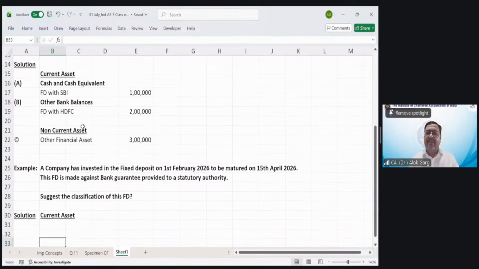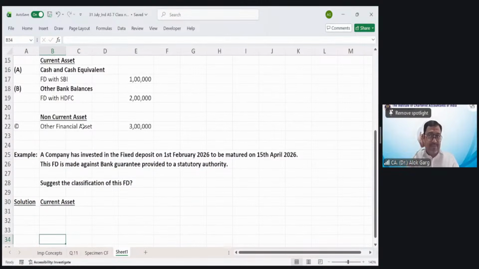Okay. Under current assets, suggest the classification: cash and cash equivalent or other bank balances.